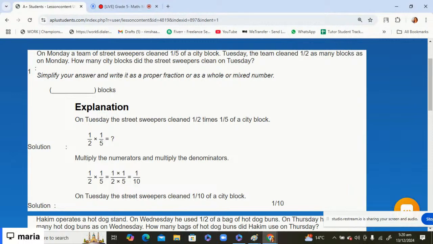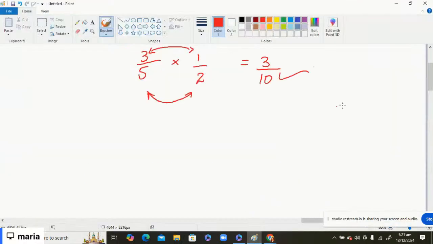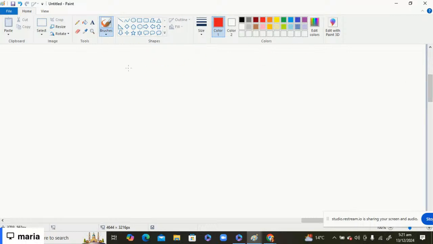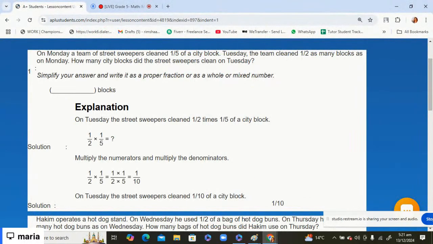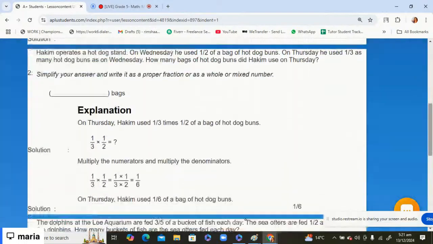Multiply these with each other, these with each other. 1 over 10. Okay? Here is the answer, 1 by 10.